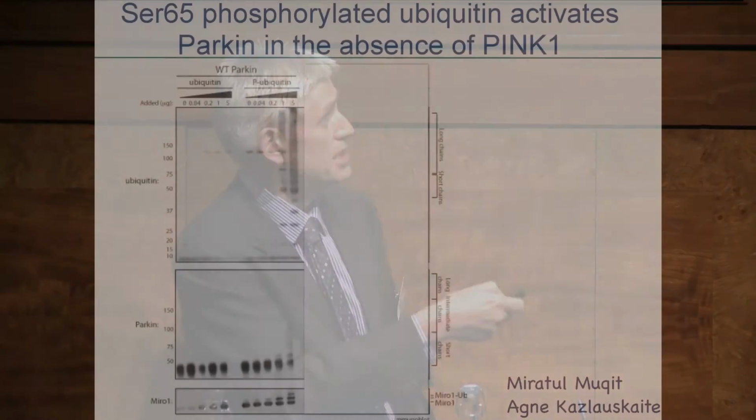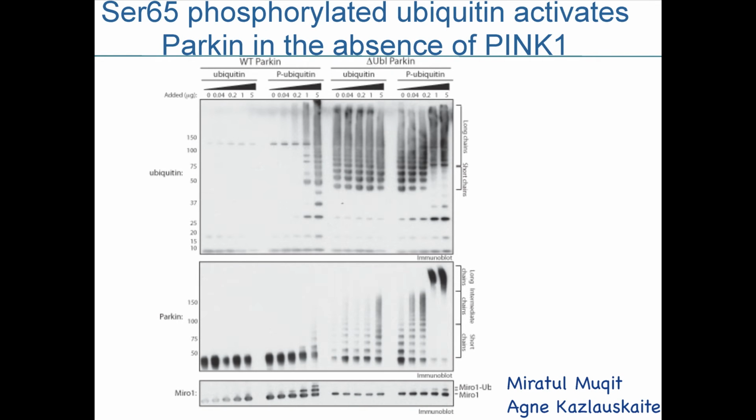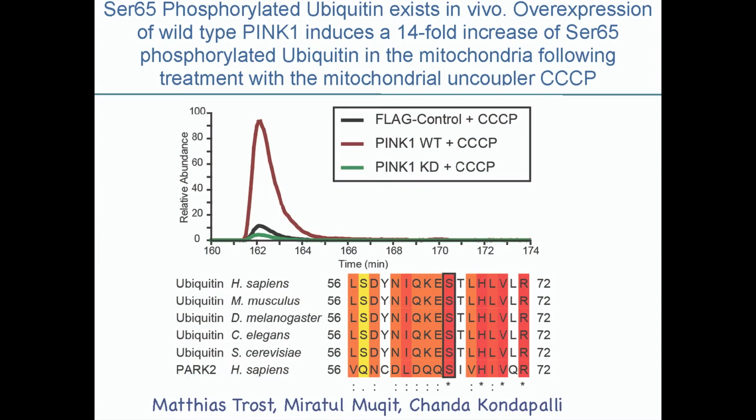You can also see this with the C-terminal catalytic region of Parkin. When you titrate in the phosphorylated ubiquitin, you get a dramatic activation of the E3 ligase because it's binding to the phosphorylated ubiquitin. And the other key experiment we did, using mass spectrometry, was to demonstrate that phosphorylated ubiquitin actually exists in cells, and this is the experiment that was done.